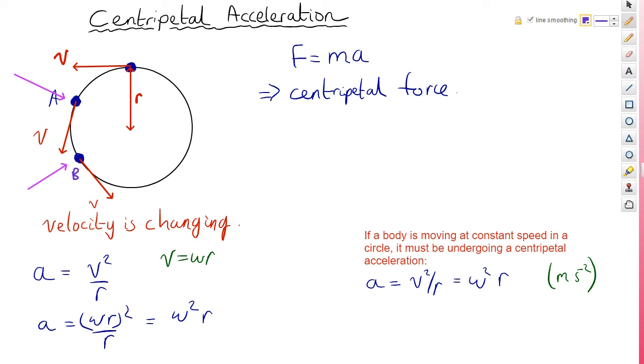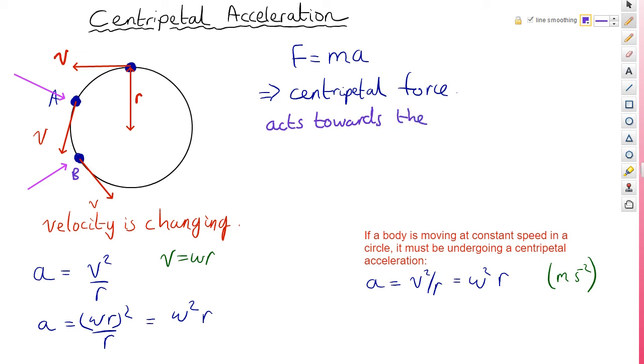So, as I said, not necessarily obvious, but it makes sense. It can be proved, but the centripetal force, importantly, always acts towards the centre of the circle that the body is moving in.